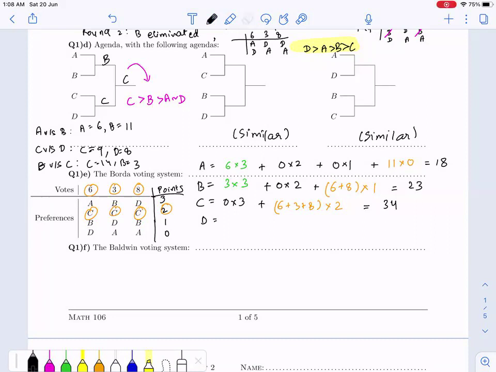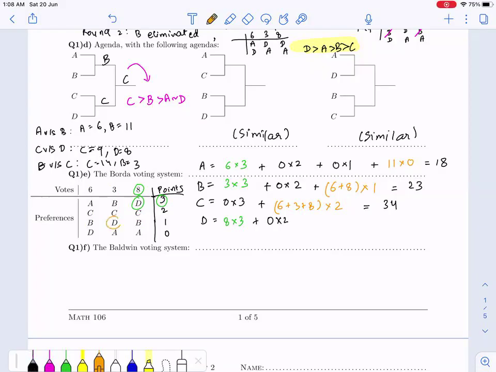Okay. Finally, let's do D. There are 8 people who voted D as a top choice. So 8 times 3. There are no voters who voted D as their second choice. So 0 times 2.